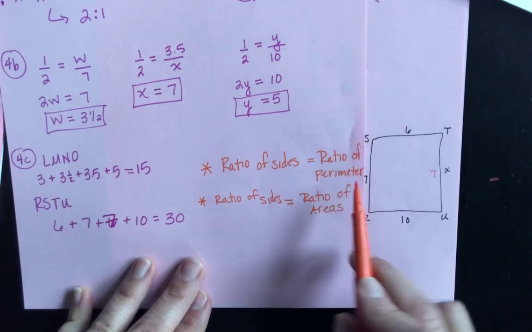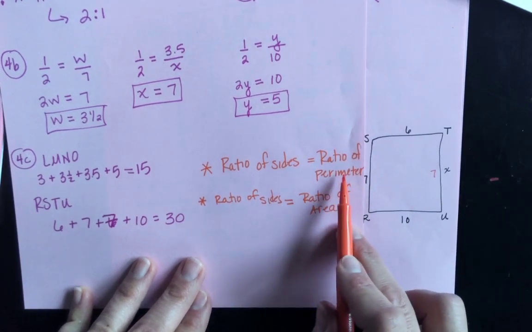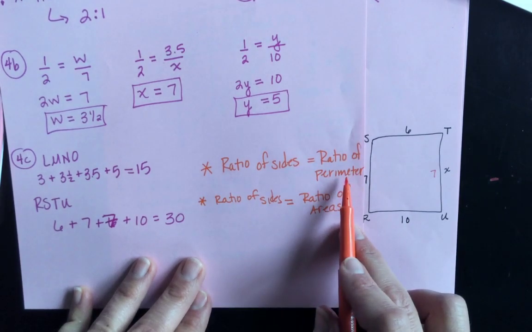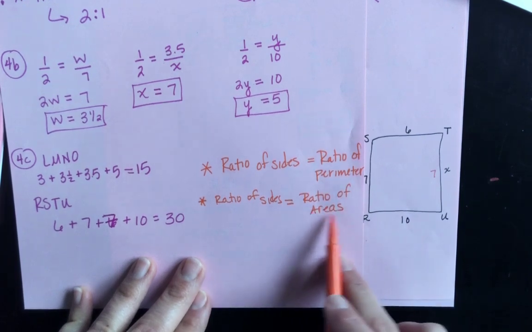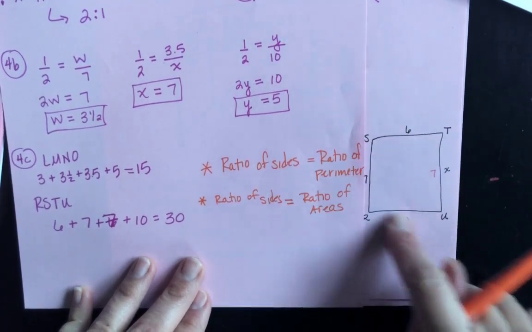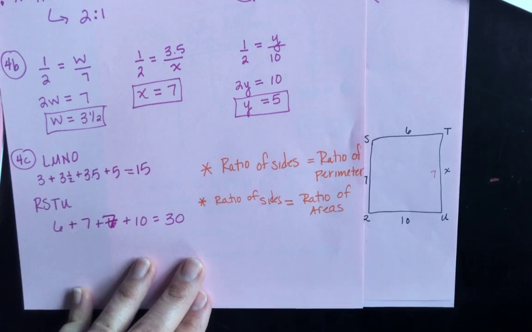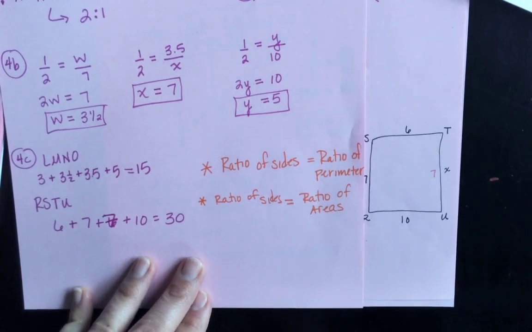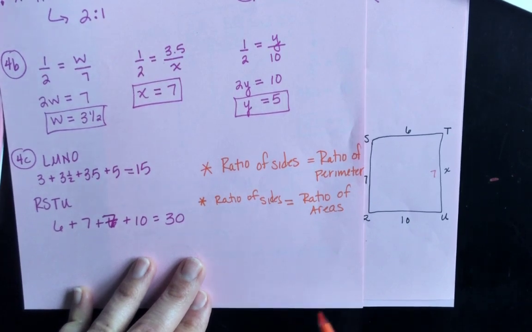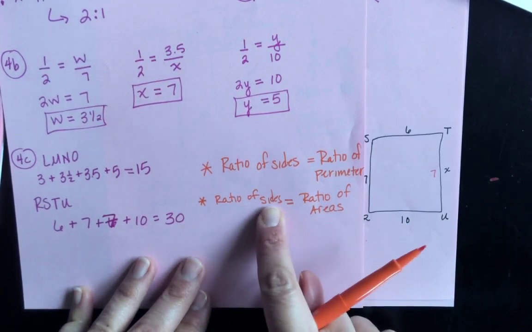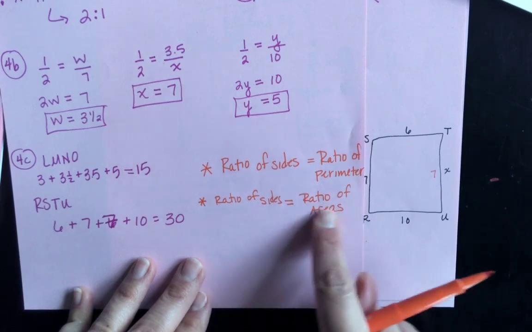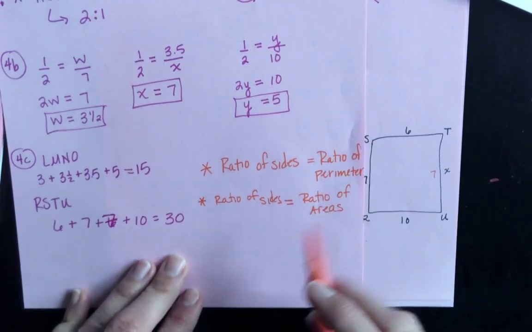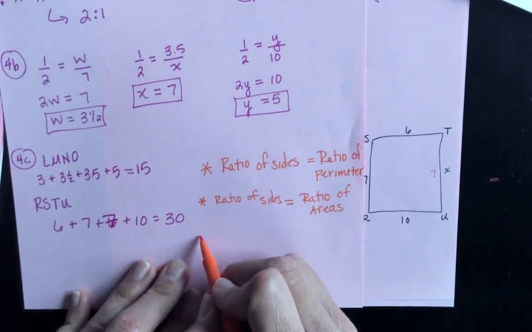Because now we're not just talking about adding everything up and keeping a linear measurement. Now with area, like in this case, maybe it was something like base times height or 1/2 base times height. But with area, we always have multiplication. So does anybody remember what we're supposed to do with the ratio of the sides in order for it to be the same as area? Remember, area kind of gives us a little bit of a hint.